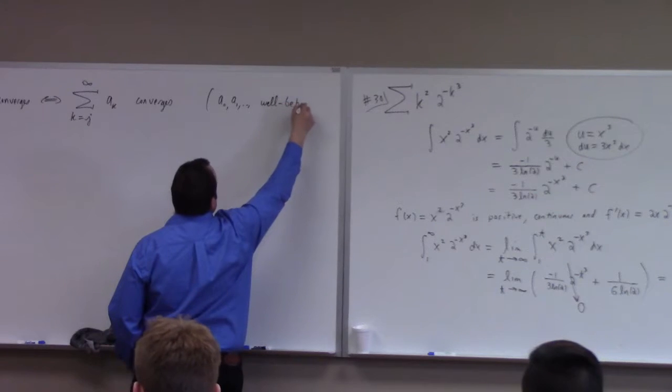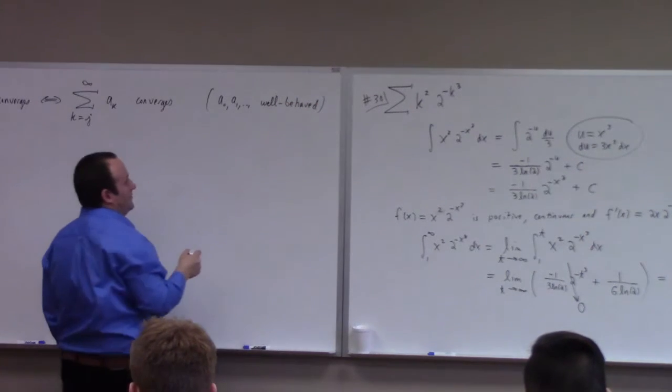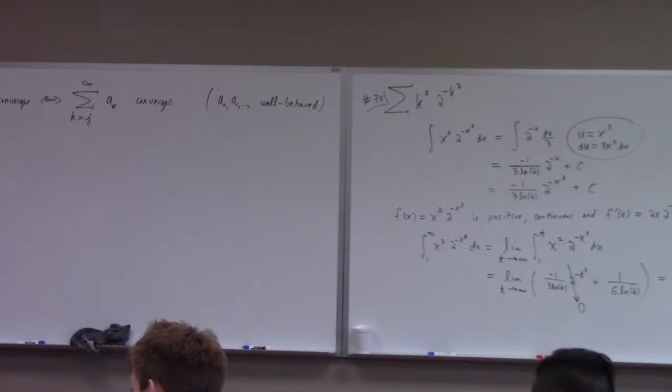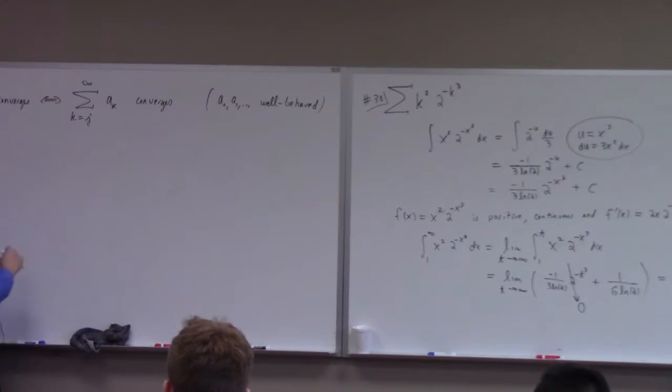In other words, I don't have some stupid thing like, oh, well, the formula involves 1 over the natural log of k, so when you plug in 1, it doesn't make sense. That's not what we're thinking about here. Like this, for example, if I plug in 0, that formula is not cool, right? We're not thinking about that sort of thing right now. We're assuming that a naught, a1, a2, a3, a4, a5, and so on are all well-defined things. Then that being settled, this converges if and only if that converges.